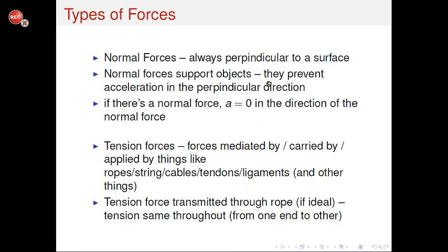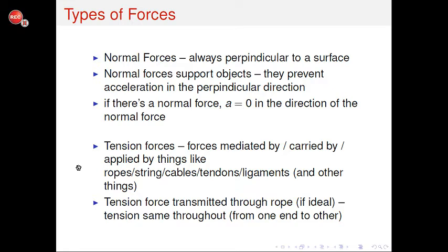Right? And if we wanted to divide these, normal forces are pushing forces. Tension forces are pulling forces. And so tension forces are transmitted through a material, and the tension is the same at both ends of the material. That's kind of the key thing.